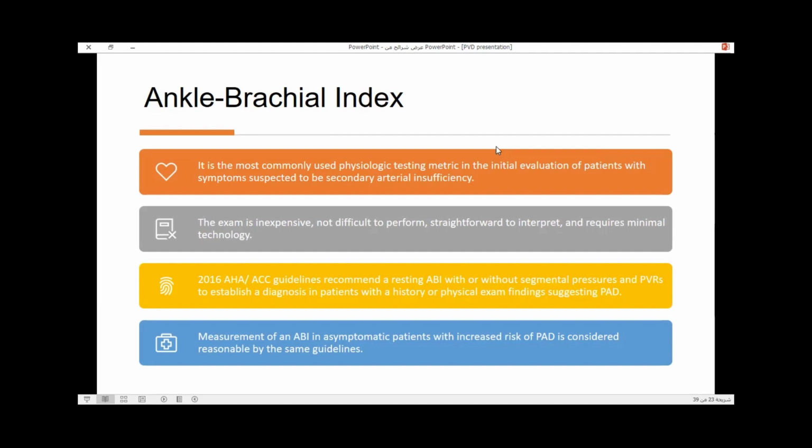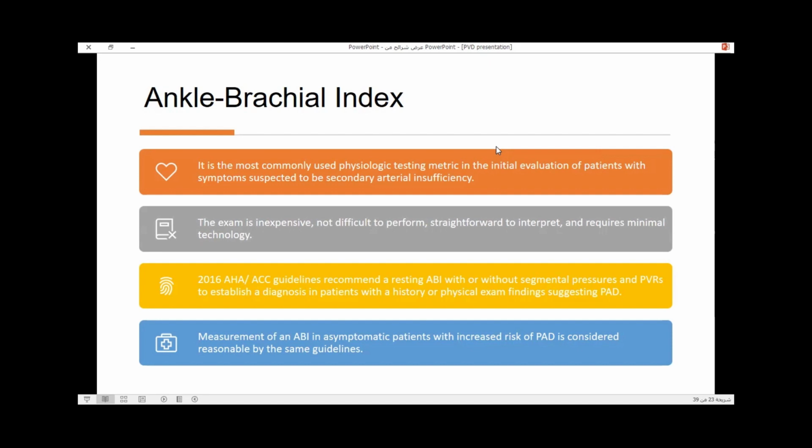We usually use a pressure cuff, measuring the systolic pressure in the brachial and ankle areas, and take the ratio of both systolic readings. We can have an idea if the patient has any PAD, or peripheral arterial disease, or not, and we can also evaluate whether it is significant disease or not.